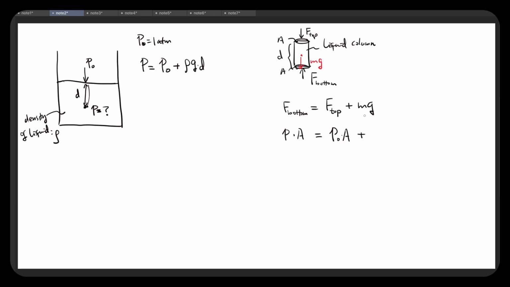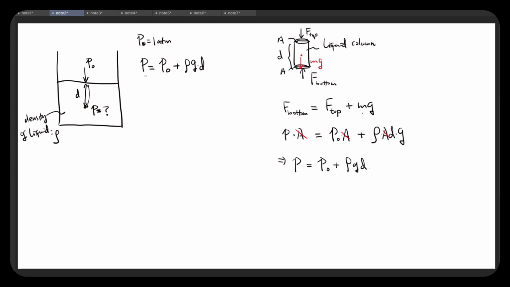Now gravity is the mass here. I'm going to replace it by the liquid density times liquid volume. The volume here is given by A times d. So that gives us the volume of this liquid column, and then times g. Okay, so now all the A's cancel out. So that's why we get this relation: the pressure at the bottom equals the surface pressure plus rho g d.